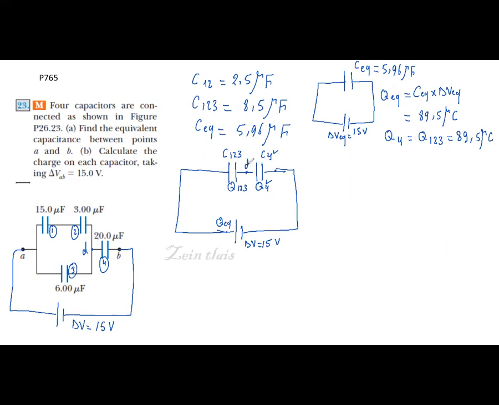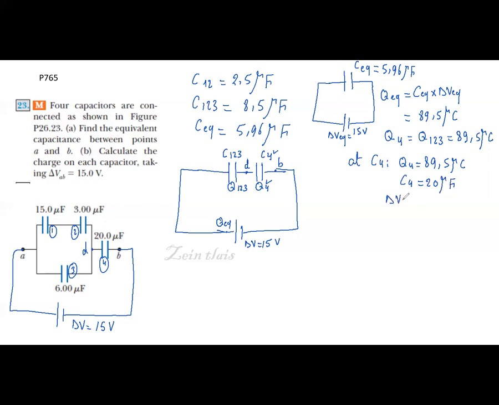We have Q4, we have C4, we can calculate delta V between this point and this point, D and B. At C4 we have Q4 equals 89.5 and C4 equals 20 microfarad.